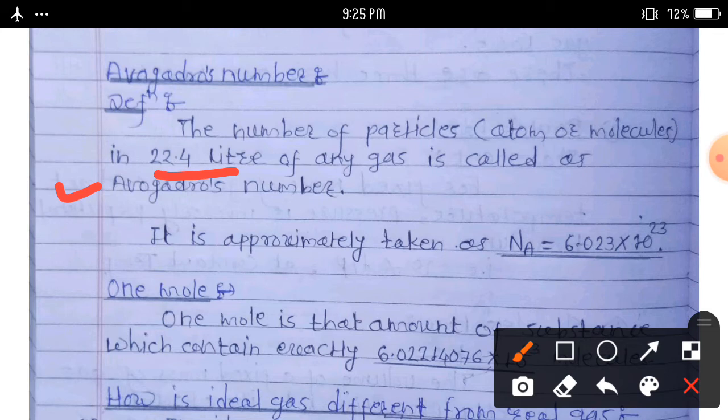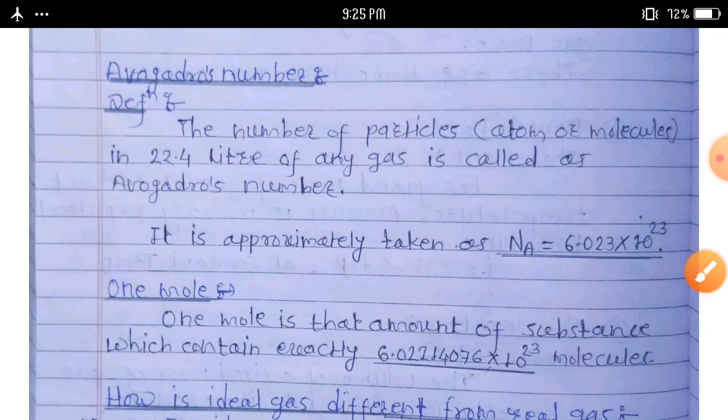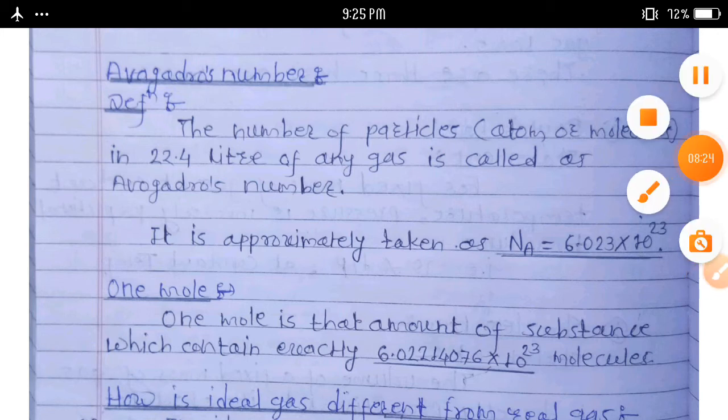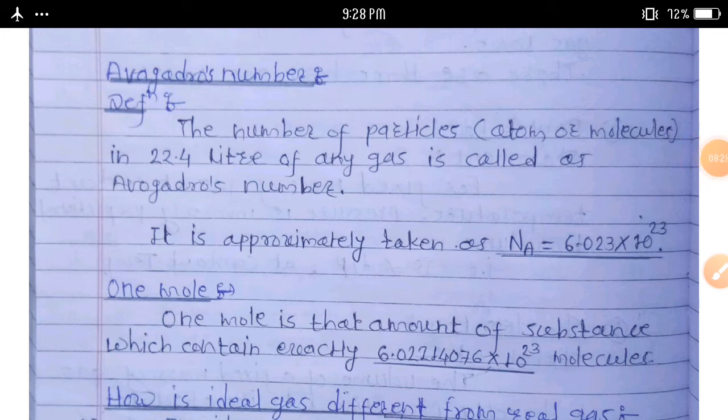It is approximately taken as, denoted by N sub A, equal to 6.023 into 10 raised to 23. This is the value of Avogadro's number.